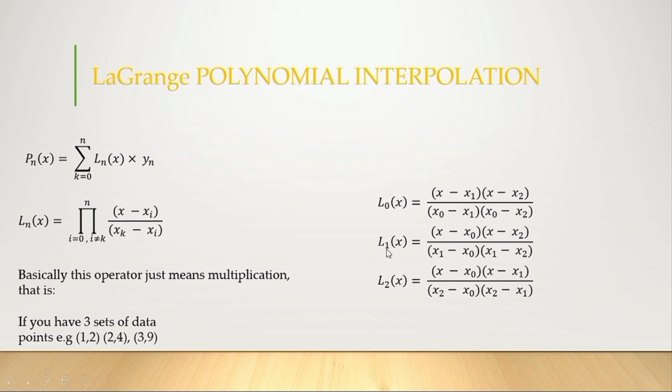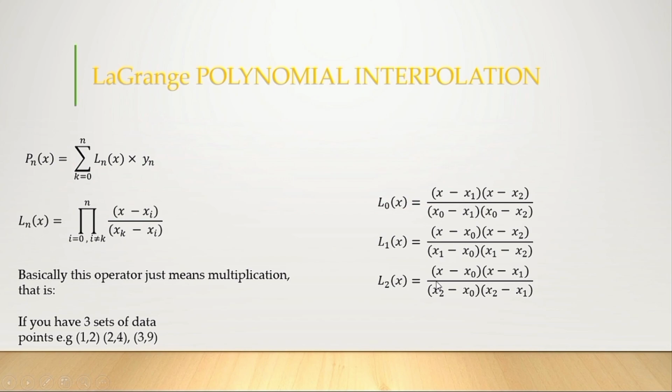And the same goes for L1, where we only have data points that are not exactly L1. So we have x0 and x2, divided by x1 minus x0, which is there, and x1 minus x2, which is also there. And then for L2, we have x minus x0 and x minus x1.